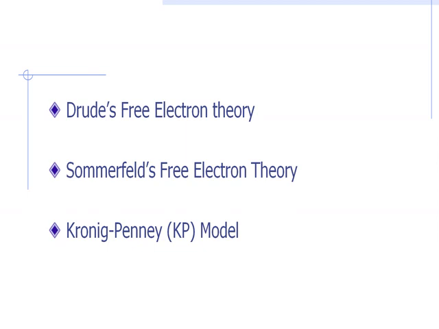First, free electron theory was proposed by Drude in 1900. Prior to that, electrons were discovered, but the structure of the atom and the periodic arrangement of atoms was not established. Drude proposed two postulates.